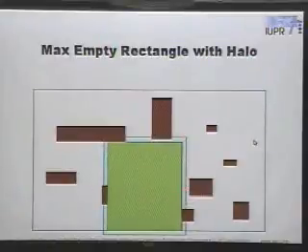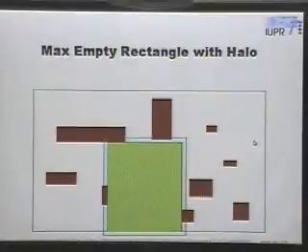It turns out there's a simple modification you can do to the objective function for maximum white space rectangles, and that's to incorporate a halo where you require the perimeter of the empty rectangle to contain a certain number of connected components.